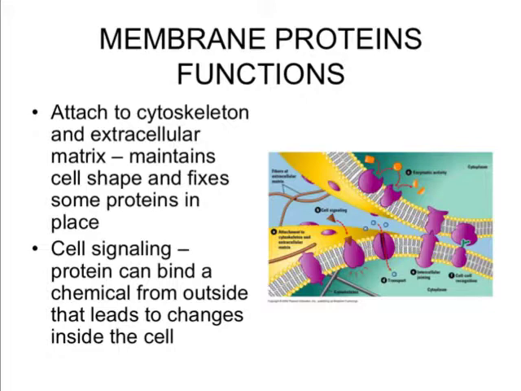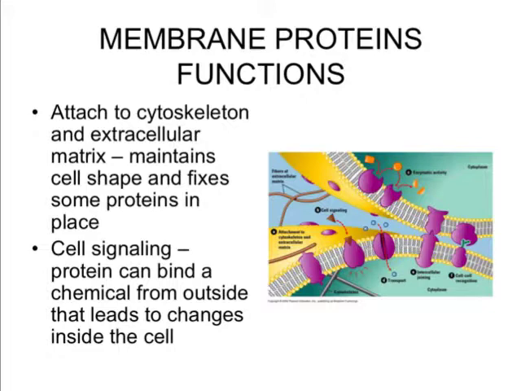Other proteins in the membrane serve for cell signaling. They bind chemicals from the outside and are attached to signaling proteins on the inside that relay that message from the outside to the inside, telling the cell what to do.